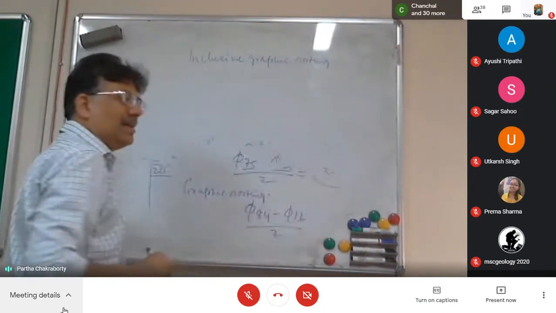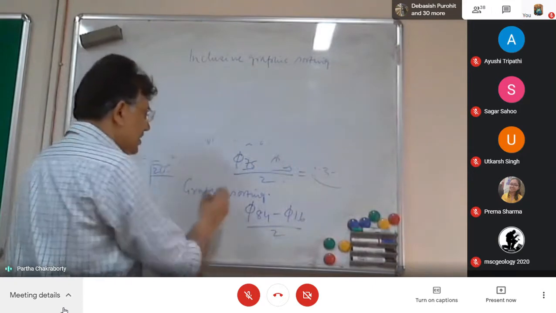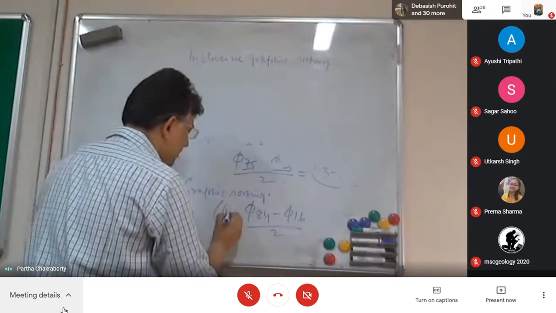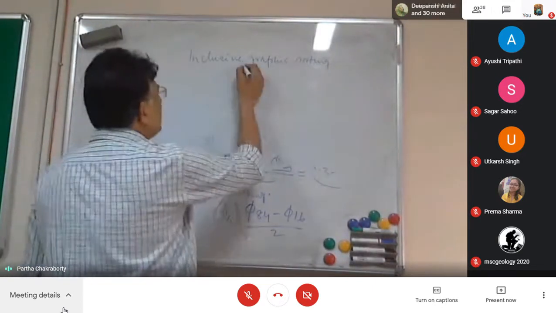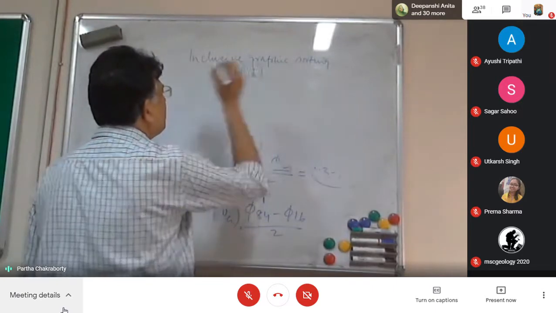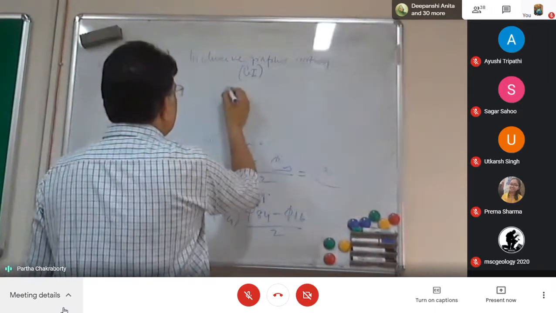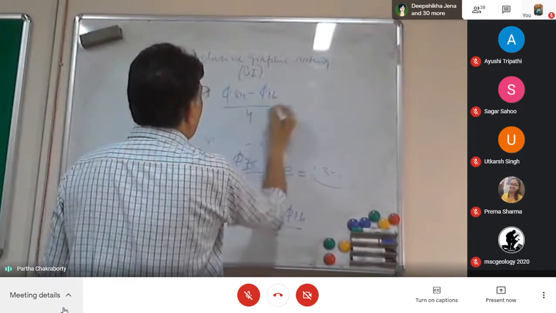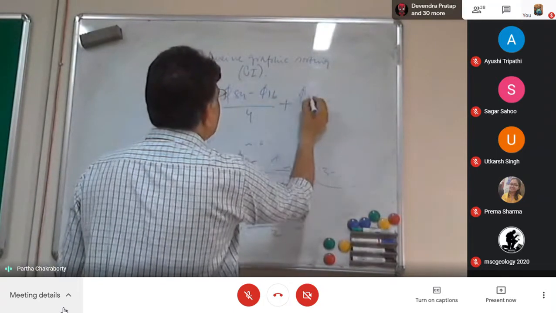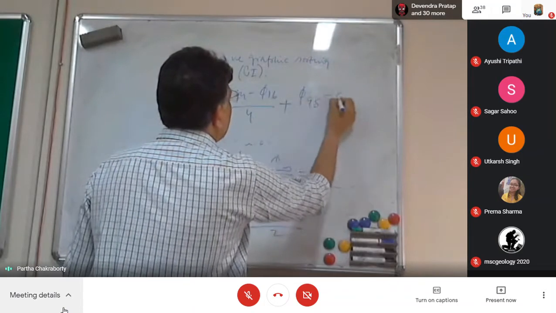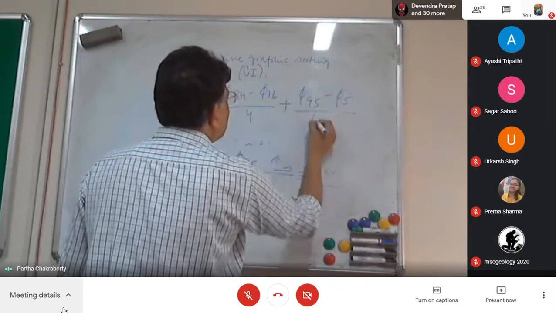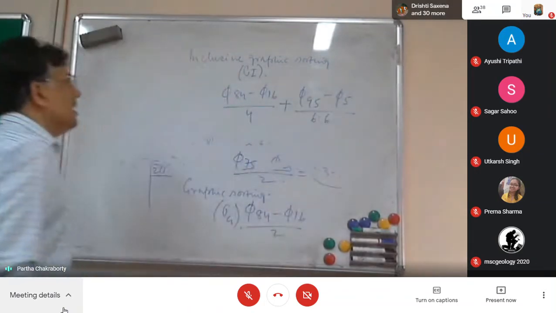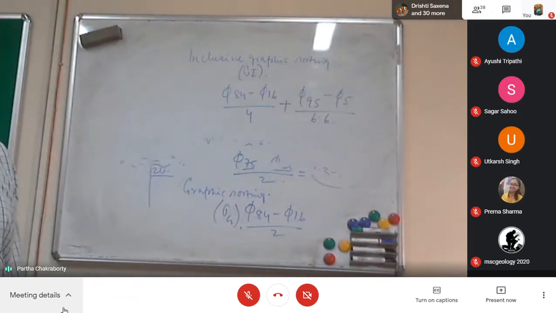The formula is called sigma I: phi84 minus phi16 by 4 plus phi95 minus phi5 by 6.6. This is the inclusive graphic sorting.